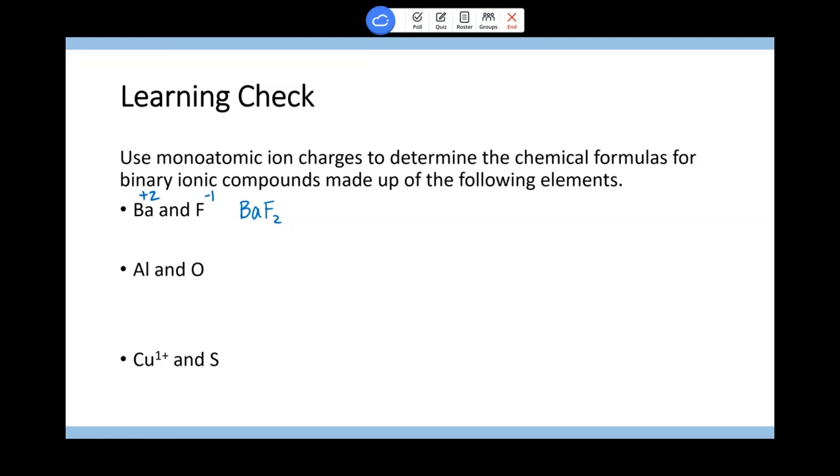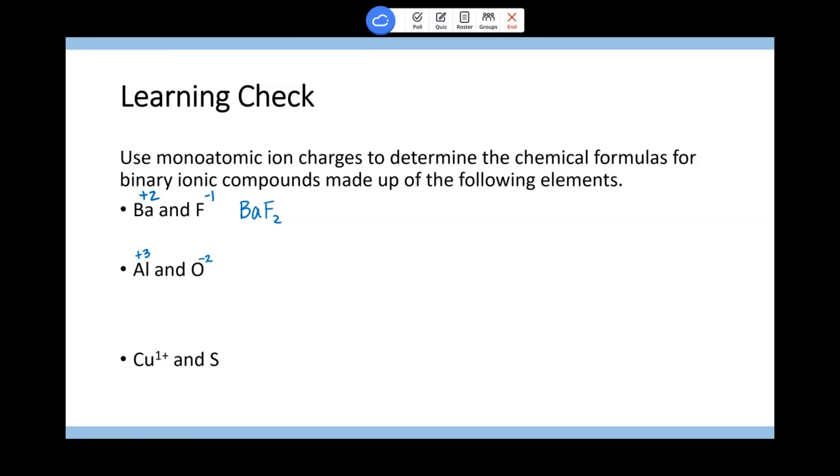Aluminum has a +3 charge, and oxygen has a -2 charge. So we need to make sure that the compound is neutral. There are a couple different ways you can do this. One is to find the least common multiple between these 2 charges, and in this case it would be 6.